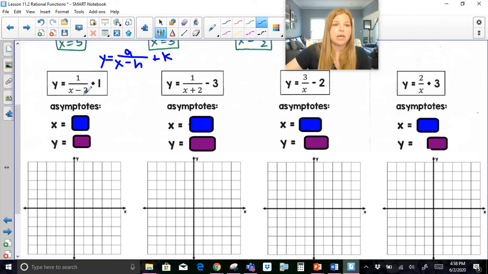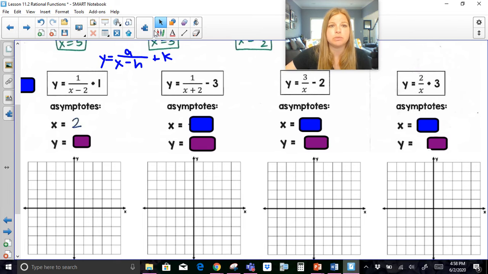So here, h is the vertical asymptote. So that's going through my x-axis. So here if it says x minus 2 and the formula is x minus h, then that means my h value for my horizontal asymptote is at 2. I'm going to go ahead and draw that. So at x equals 2, it would be this line here.